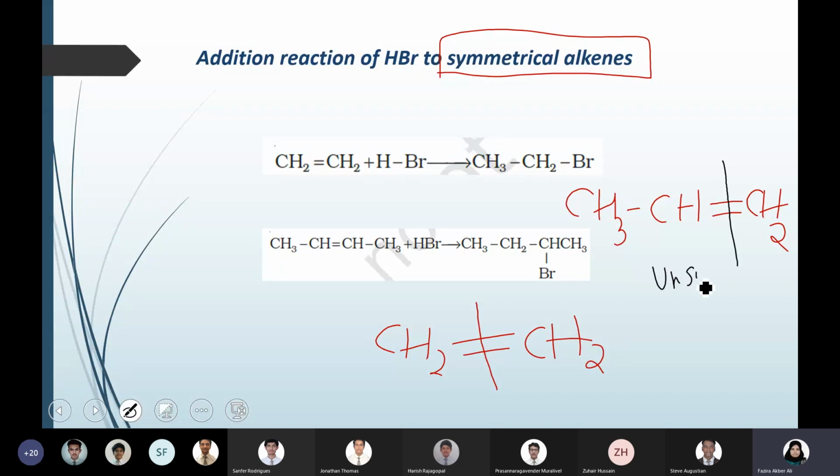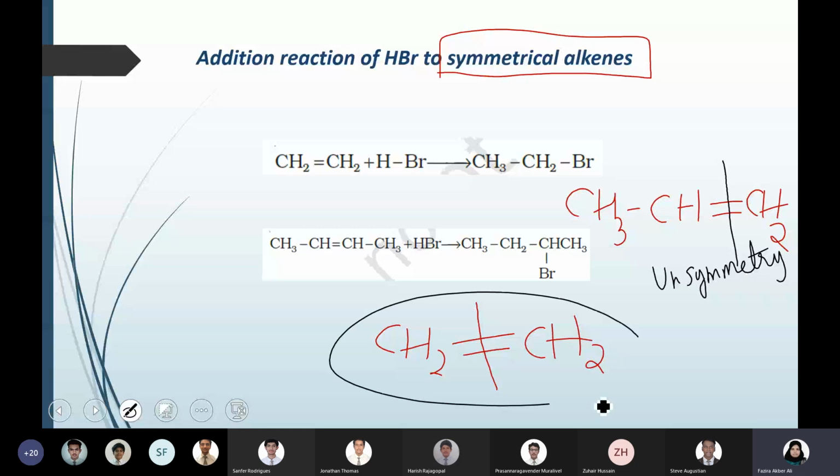So the symmetry of an alkene is based on the groups present on either side of the double bond. If both sides of the double bond are identical, then we call it a symmetrical alkene. If they are not identical, then we call it an unsymmetrical alkene. So it is with respect to the groups on either side of the double bond.